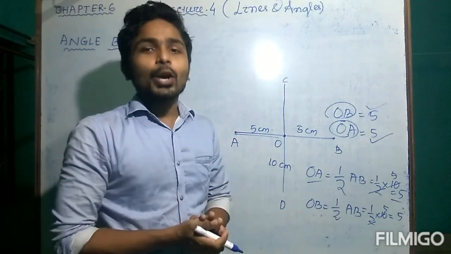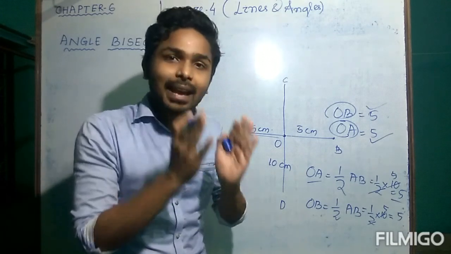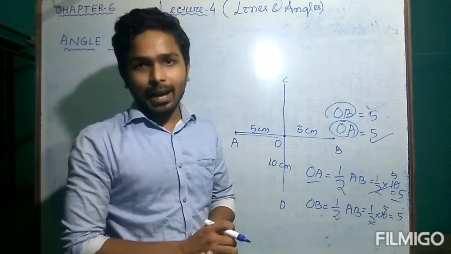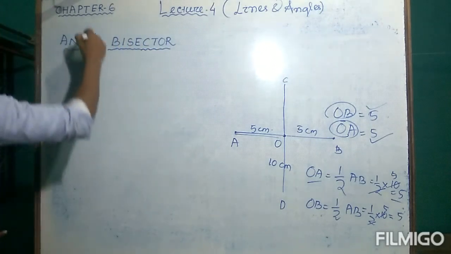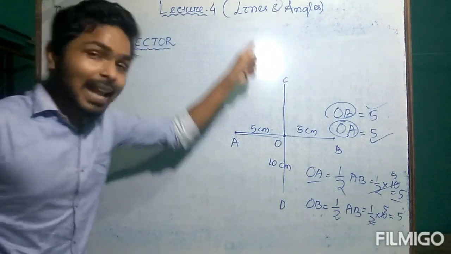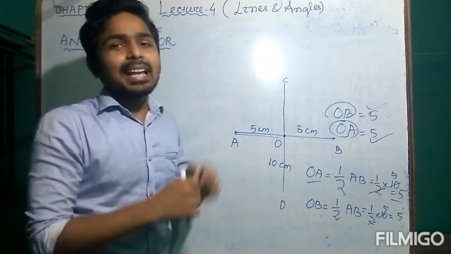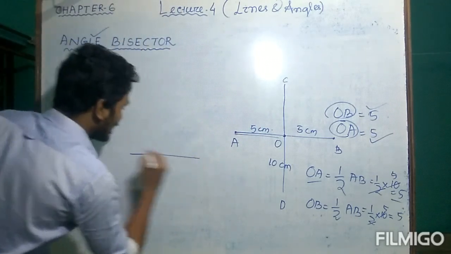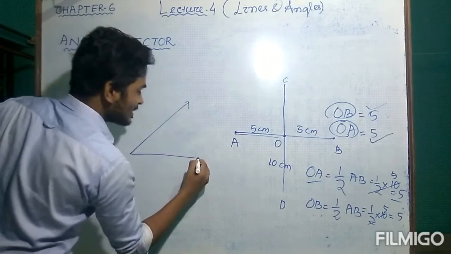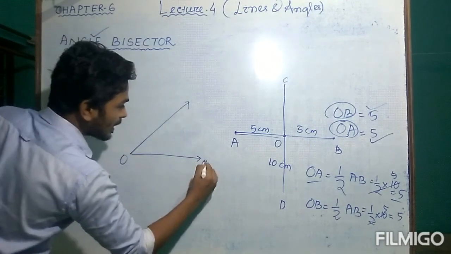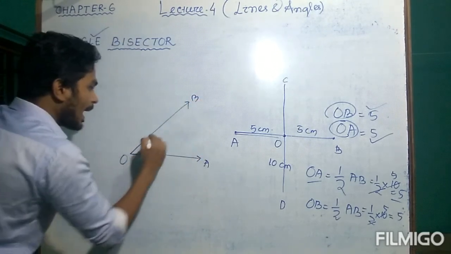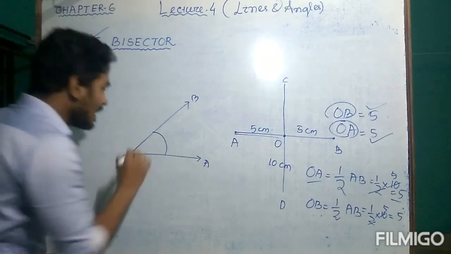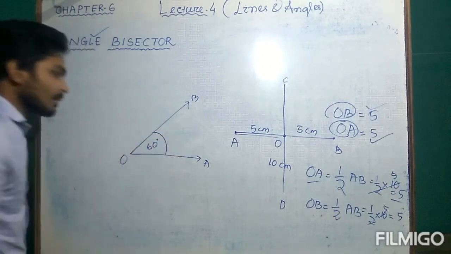Similarly, an angle bisector is a line. It is also a line which divides an angle into two equal halves. How? Let's see. Suppose this is an angle OAB, and suppose this angle is 60 degree.